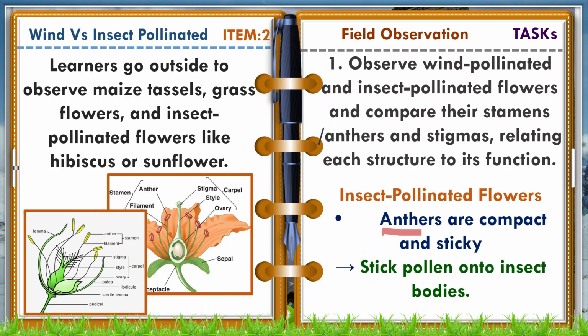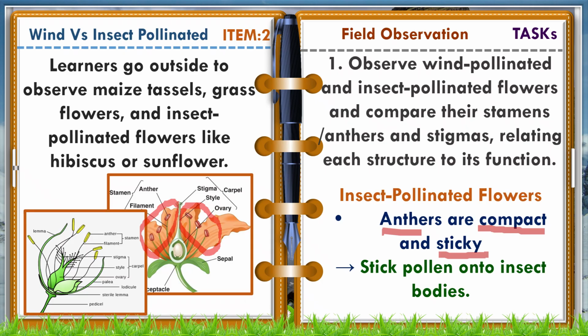The anthers are compact and sticky. So when you look at the anthers here, you will see that they are very small and compact, and they are also sticky.